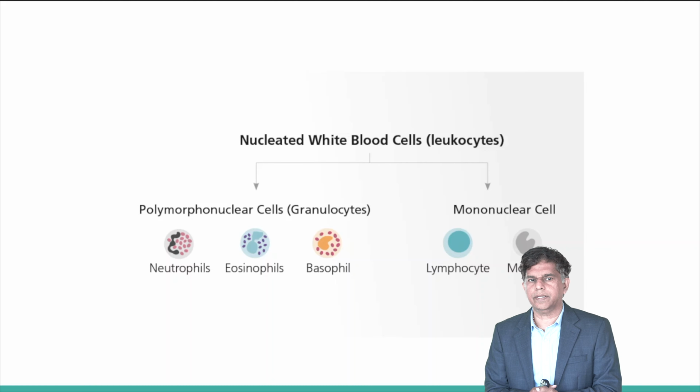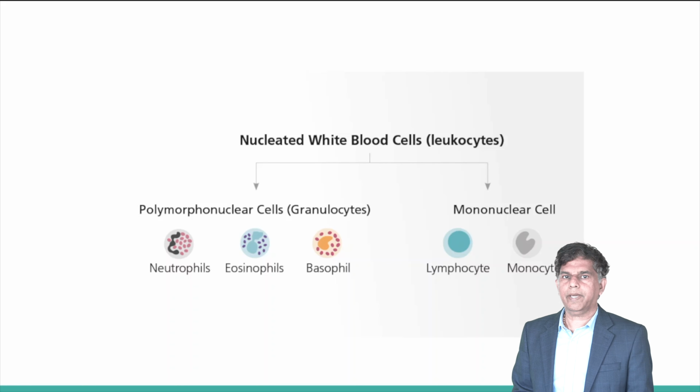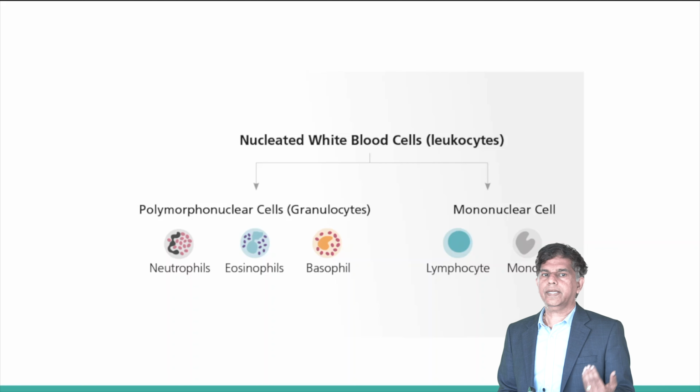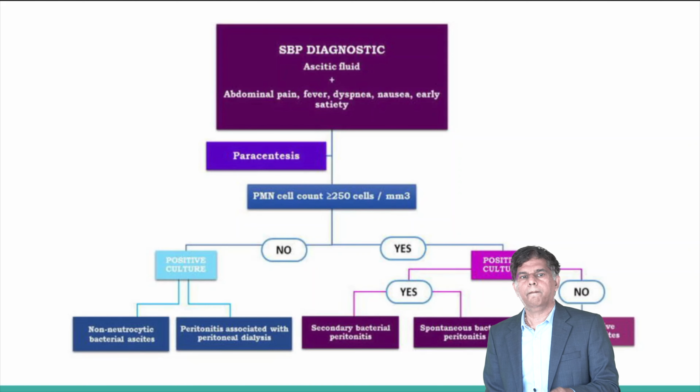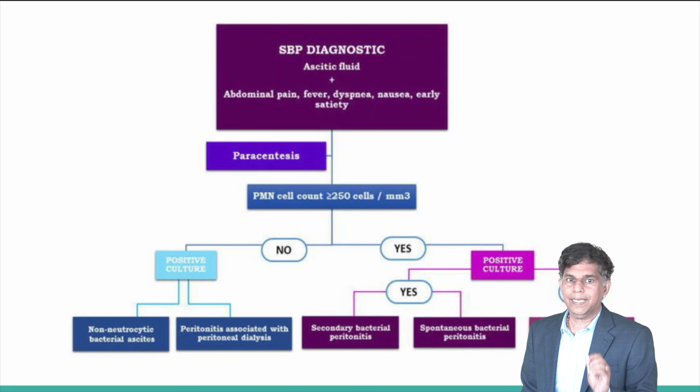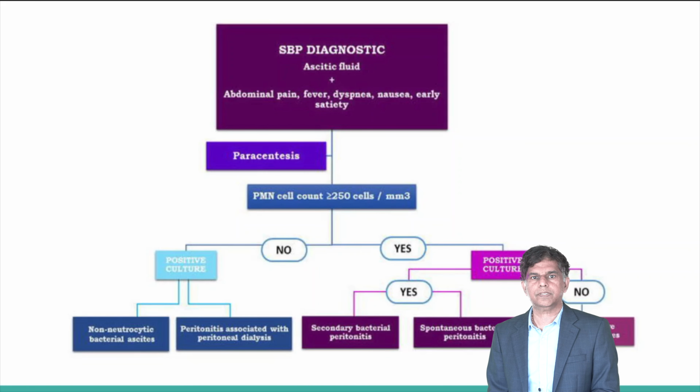If it is greater than 250, then you have spontaneous bacterial peritonitis, and you have to treat it, right? So remember polymorphonuclear cells. You have a nice picture on the right side: neutrophil, eosinophil, and basophil. Okay, so we talked about spontaneous bacterial peritonitis. Main thing, PMN cell count greater than 250.